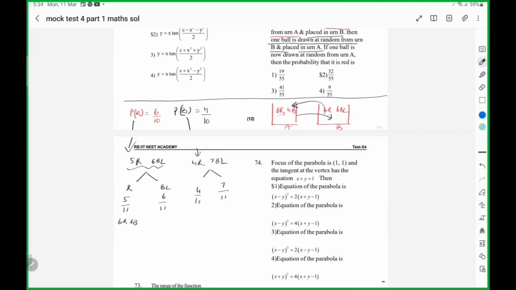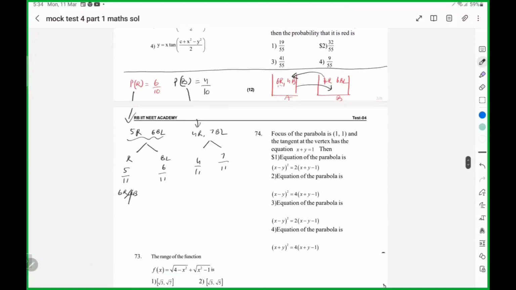Here it is 6 red and 4 black balls. Again here, if we transfer a black ball, then originally there were, after transferring red, only 5 red and 4 black balls. Once we transfer a black ball, then you'll have 5 red and 5 black balls.